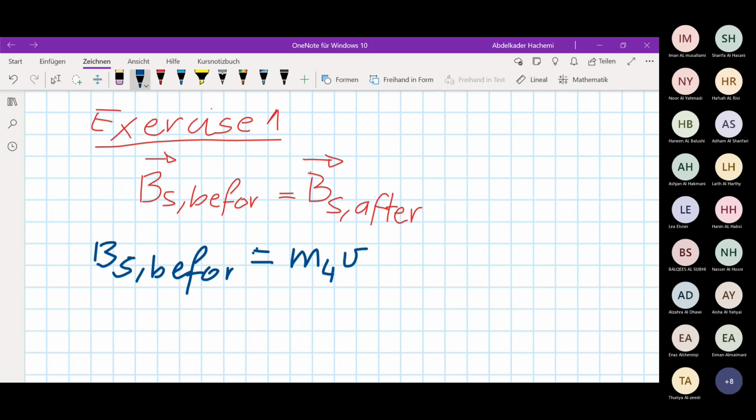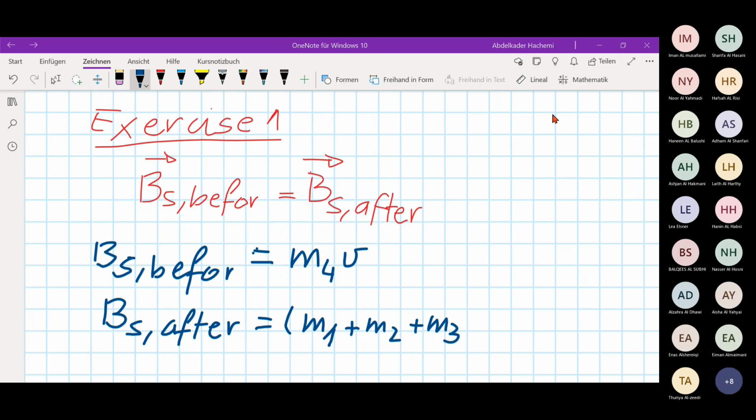And B S after the impact will be equal to M1 plus M2 plus M3 plus M4 multiplied by the velocity V, which is here the velocity of the gravity center.